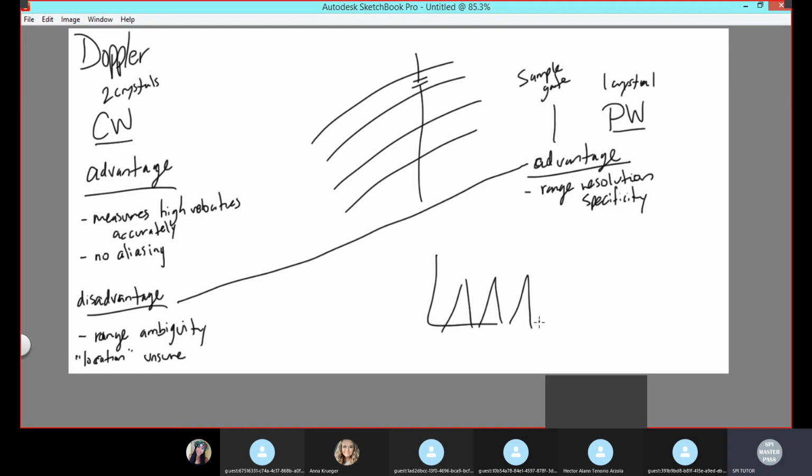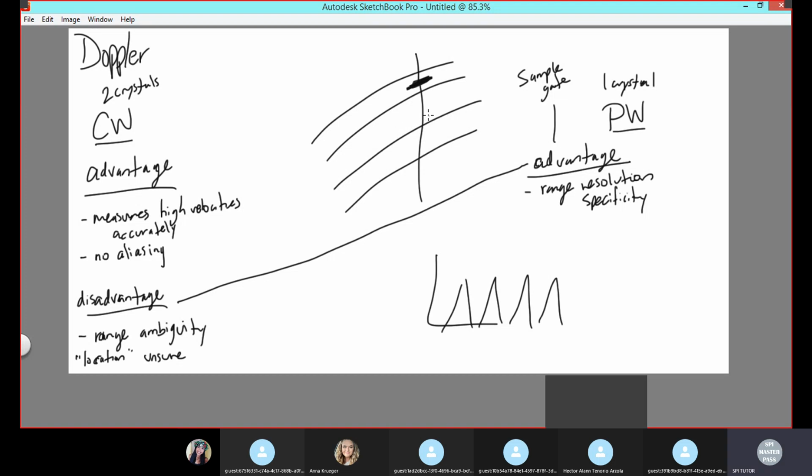So the moment I start seeing this wave that's repeating itself, it is only the blood that is coming through the sample gate. Nothing else. Not the blood on this side, not the blood over here. Nope. Only the blood that is running through this sample gate.